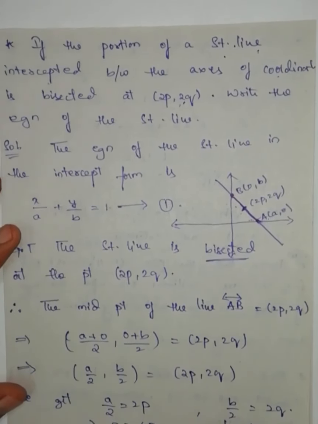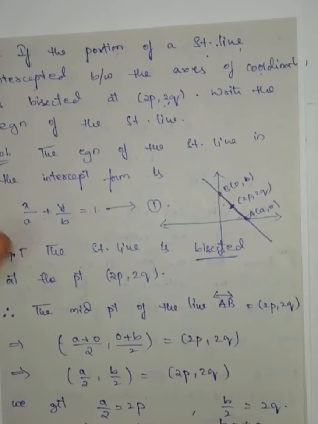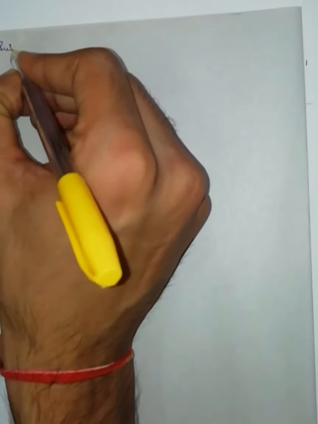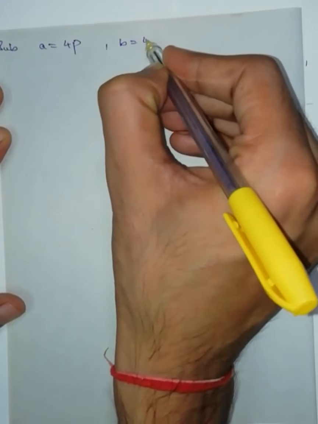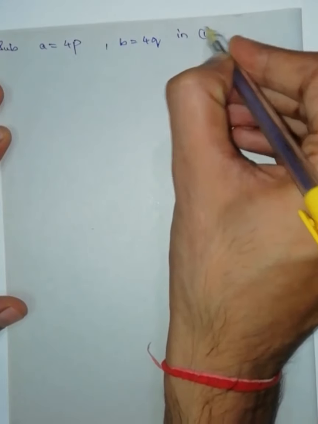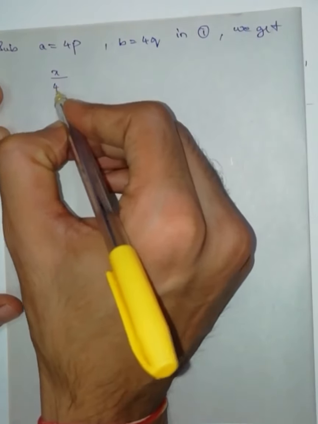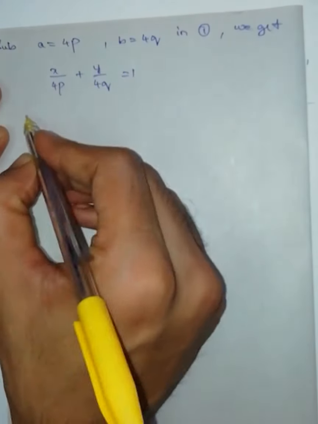Now substitute this a and b value in equation number 1. Substituting a is equal to 4p, b is equal to 4q in equation number 1, we get x by 4p plus y by 4q is equal to 1.